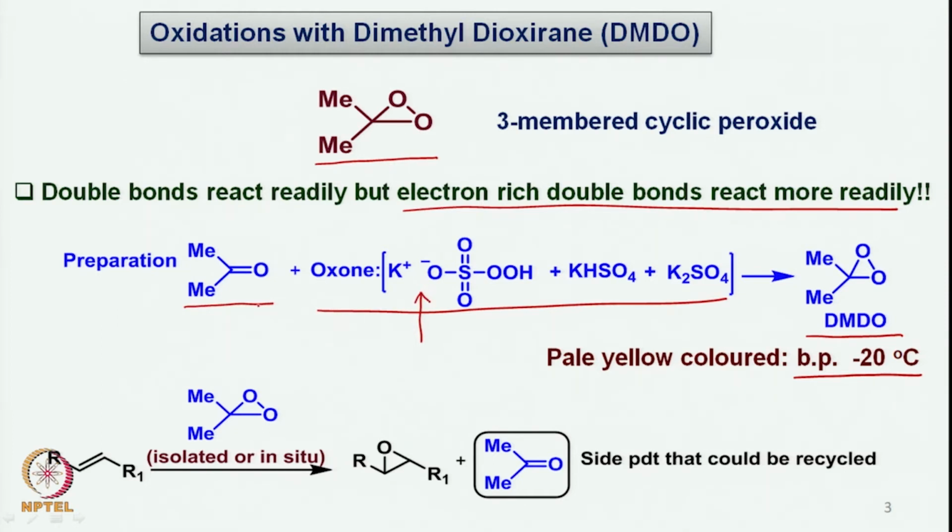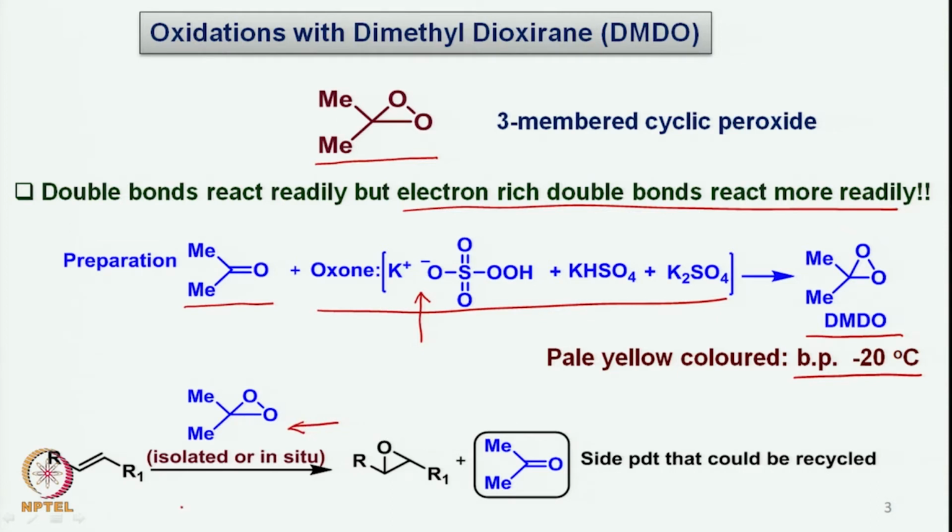Now, when acetone reacts with this oxone, you get the corresponding DMDO, which has to be distilled out very carefully at low temperature with all protections, so that the DMDO does not escape. Now, there are several ways by which this reaction can be done. You can either isolate this DMDO by distilling and cooling it at low temperature, and then you carry out the reaction.